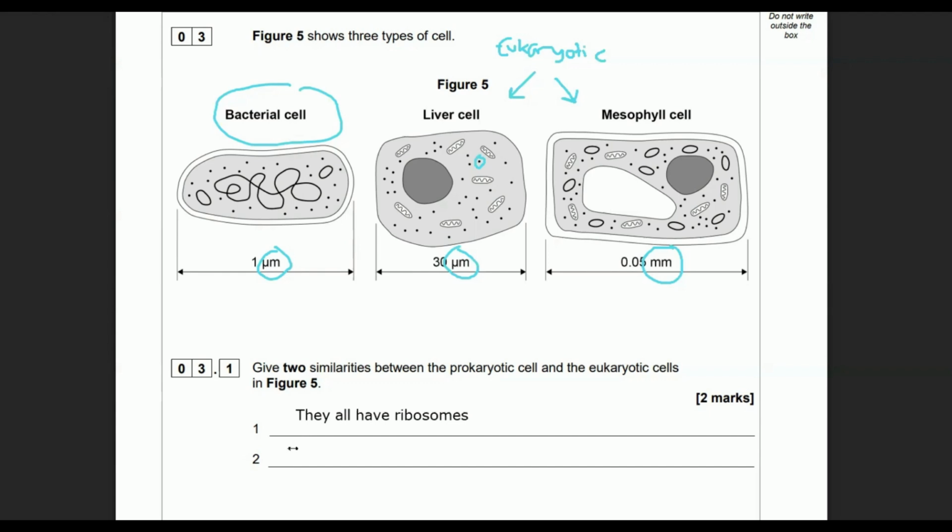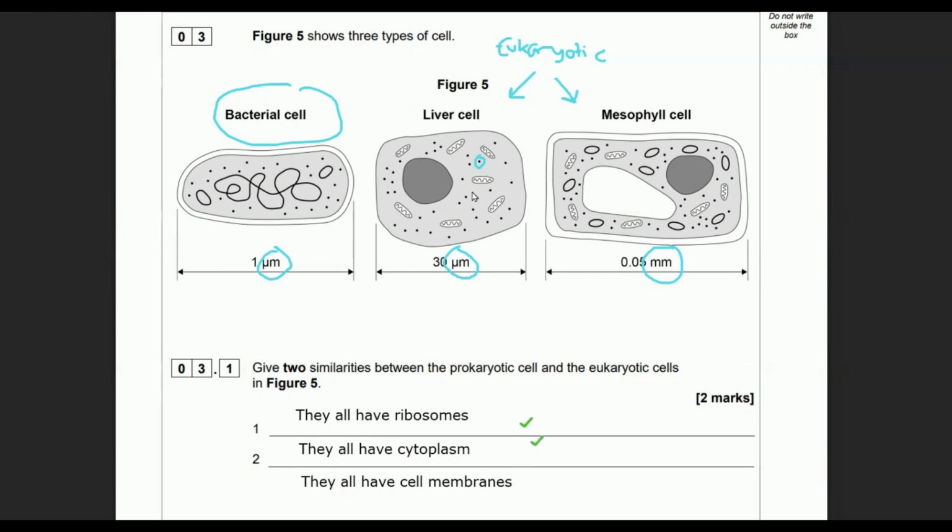So I would say they all have cytoplasm. And also, what's this black line that we draw around the outside holding the cytoplasm in? That's the cell membrane. So I'd put that as another one. They all have cell membranes, and you can be guaranteed that these are things that all cells have: ribosome, cytoplasm, and cell membrane. So they're always your similarities in cells.